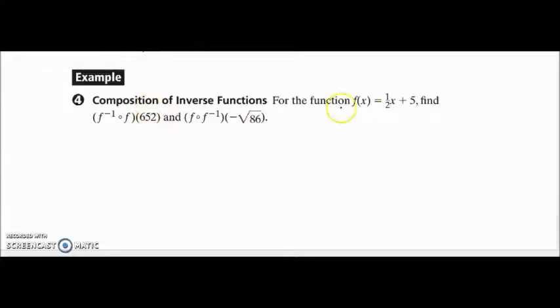So we don't even have to find the inverse of this. We don't even have to plug this giant number in. We know that this thing is equal to this x because they are inverses of each other. So that's just equal to 652. And this is just negative square root of 86 by definition of what an inverse is.